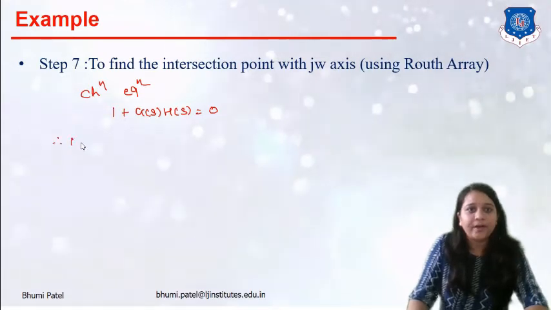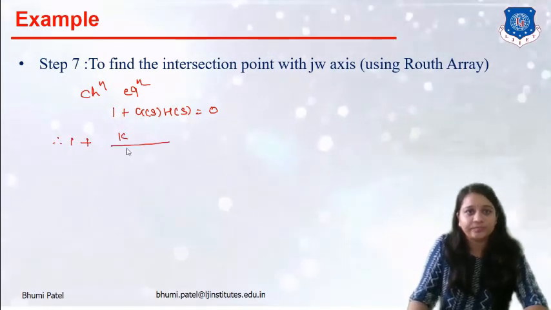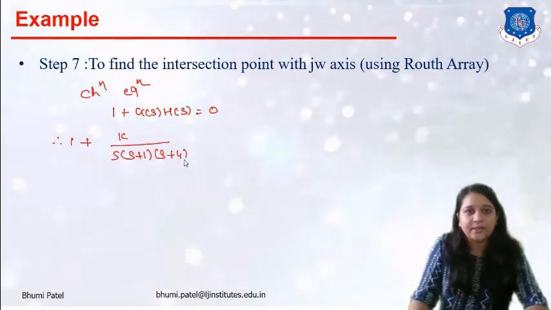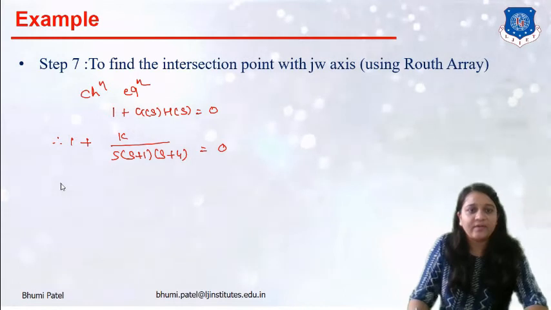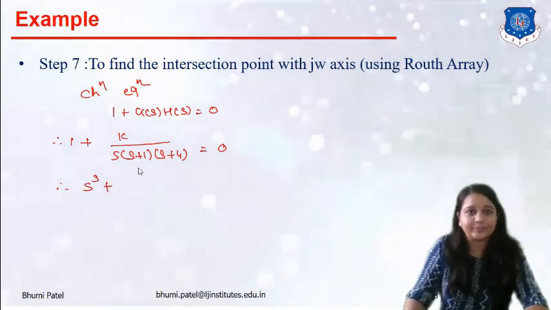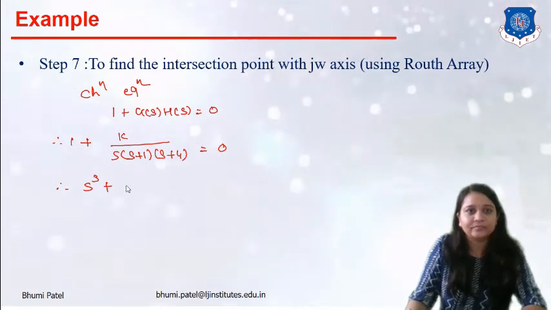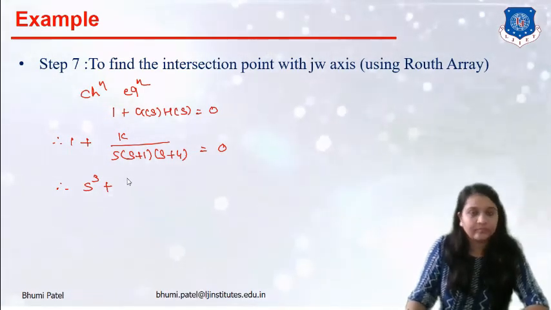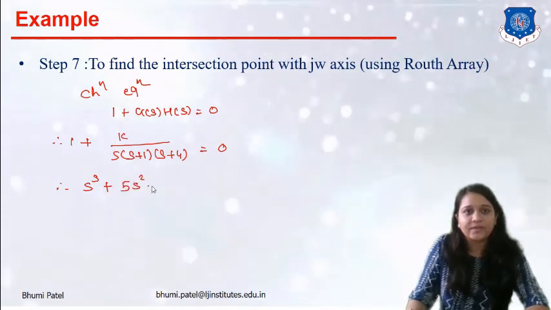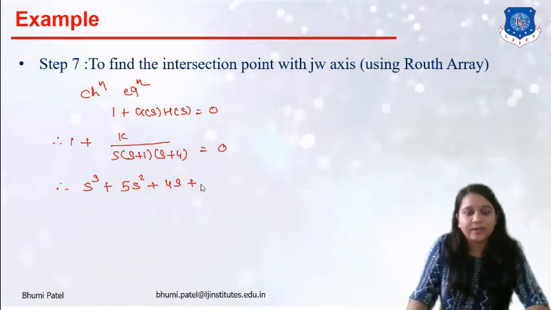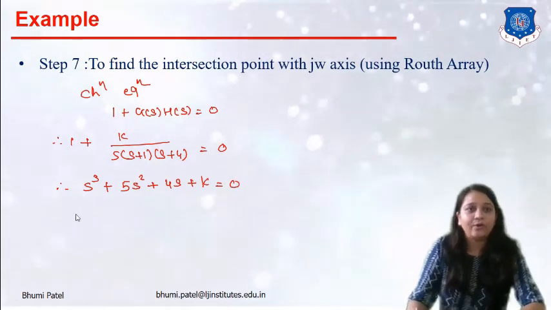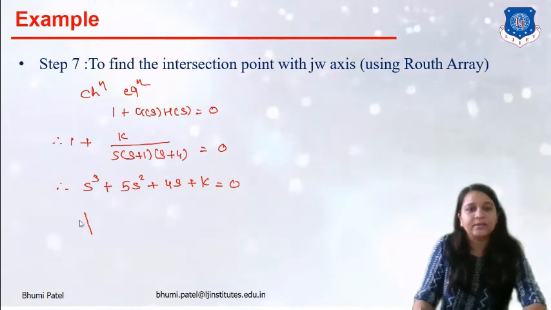That is, 1 plus k upon s, s plus 1, s plus 4 is equal to 0, and the simplified version of this equation is s cube plus 5s square plus 4s plus k is equal to 0. Now we have to draw a Routh array from this equation.